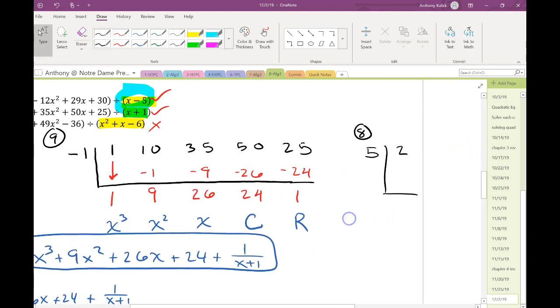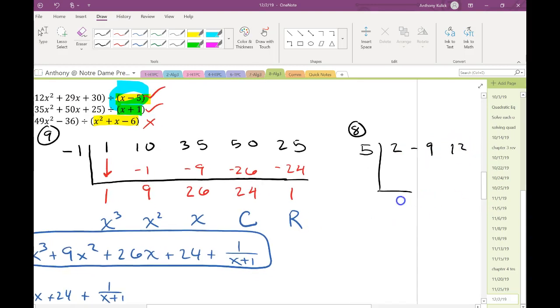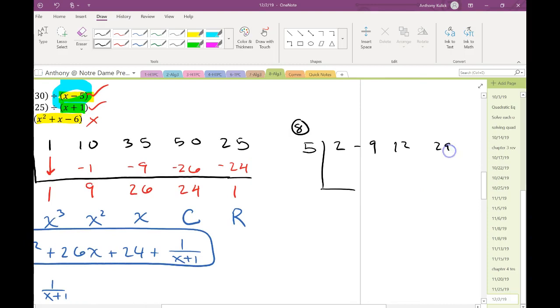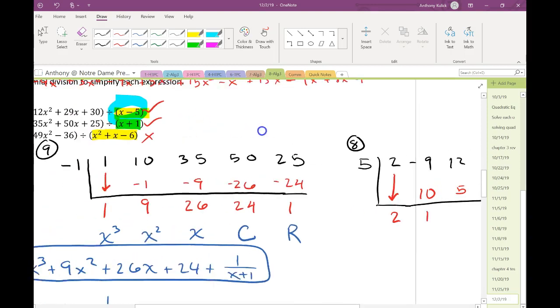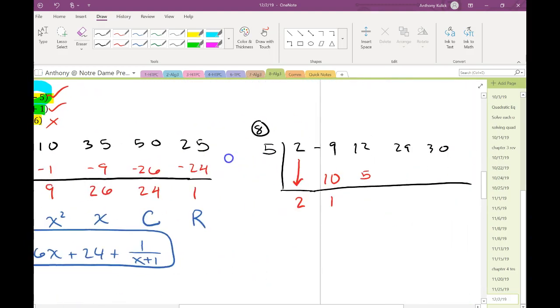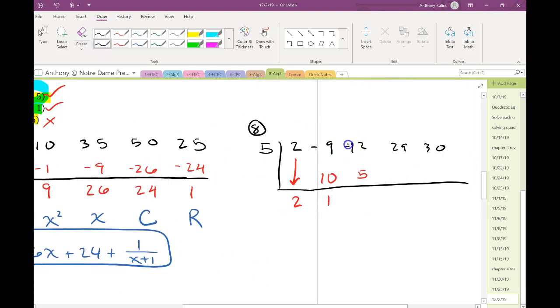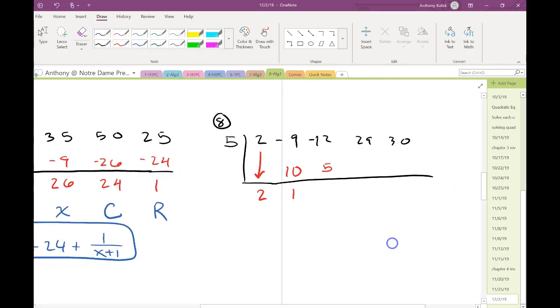And then as I write these across, 9, 12, 29, and then 30. So we're all set up. So we'll start our dividing. Oops. That's a negative 12 there. Looks like something's up.